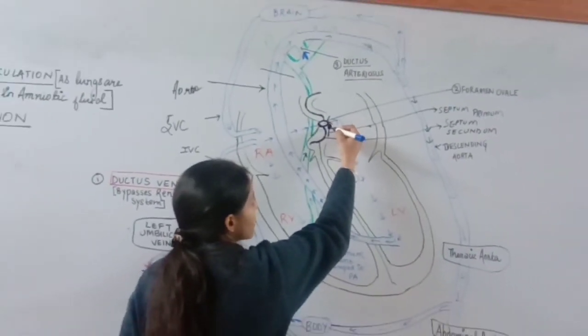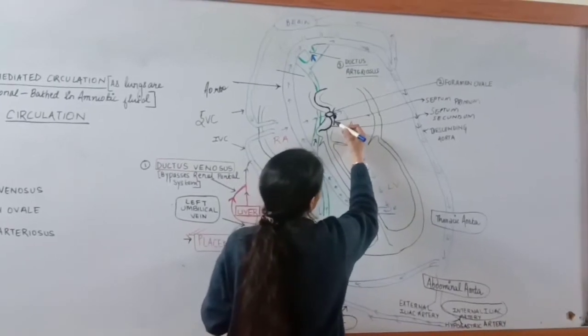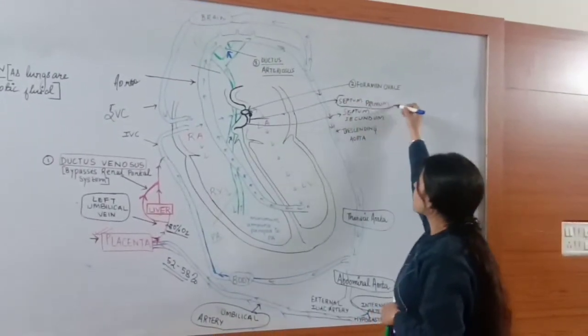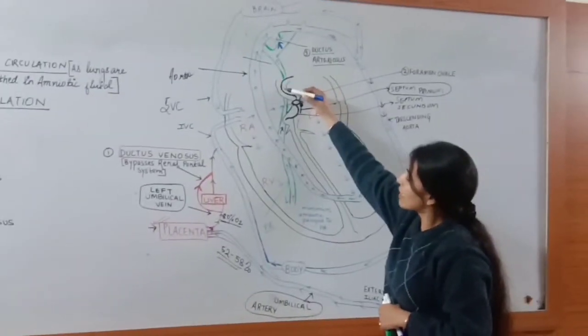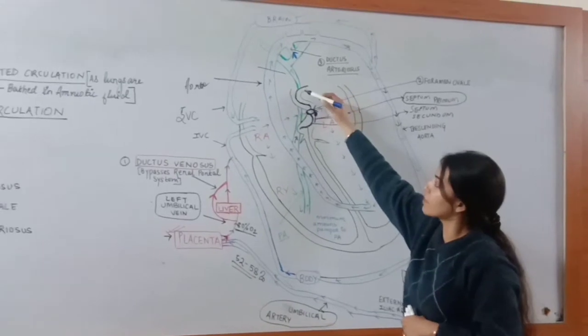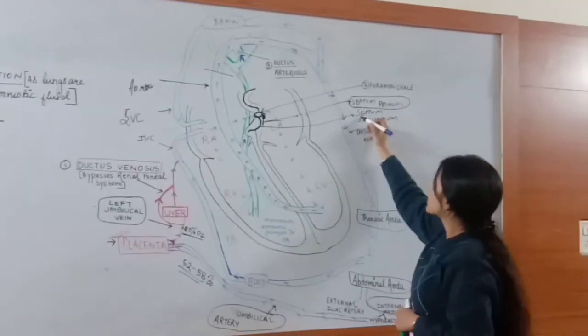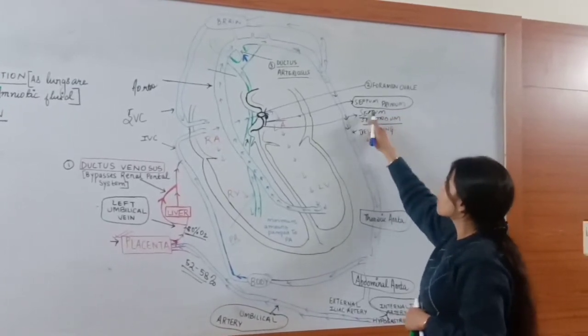which is already present. This muscular flap-like structure has been labeled as septum primum. You can see it, septum primum. And this S-like structure, this curved shape, this depression is actually called septum secundum. Okay, this is called septum secundum.